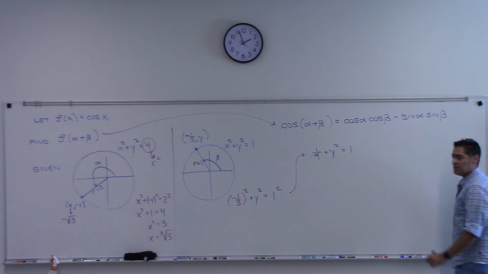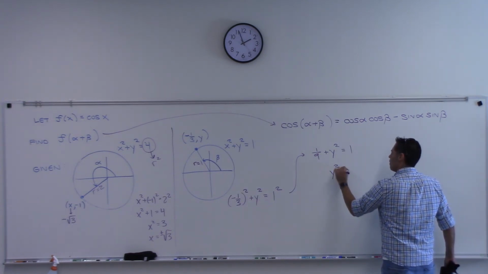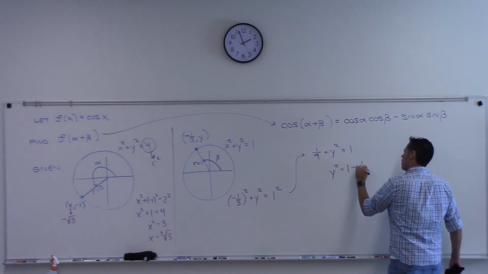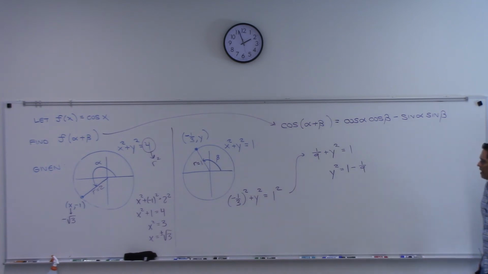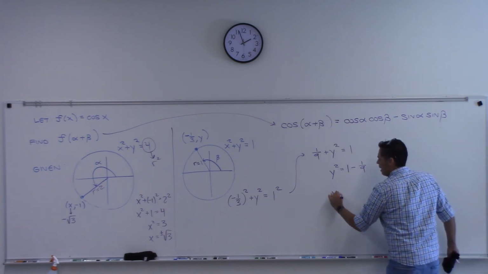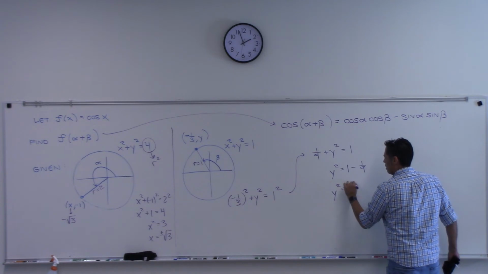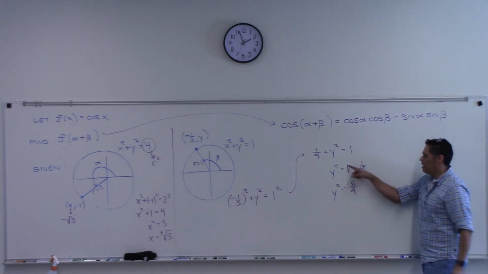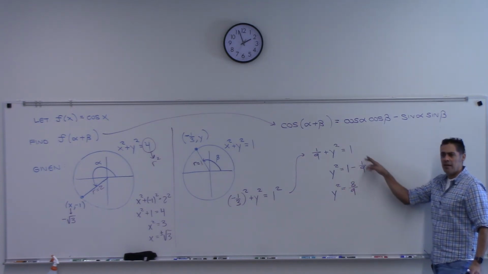Subtract a 9th on both sides. What's 1 take away 1/9? 8/9. Right, you need a common denominator, 9/9. Subtract 1/9, that's 8/9.